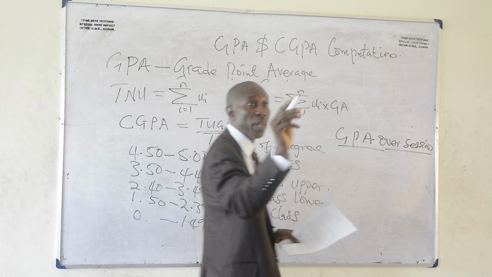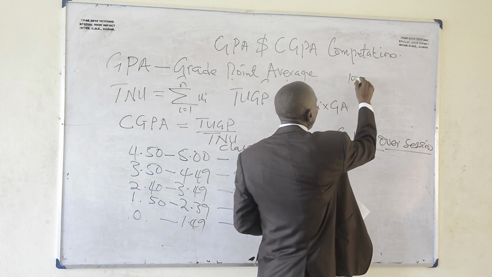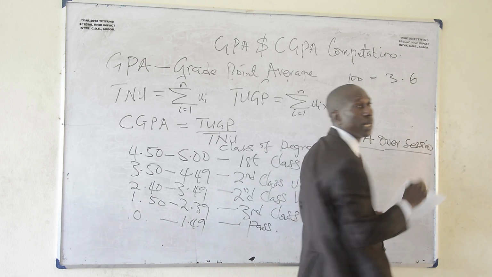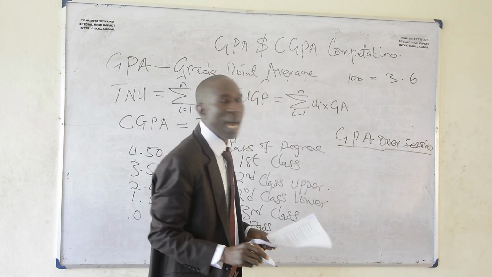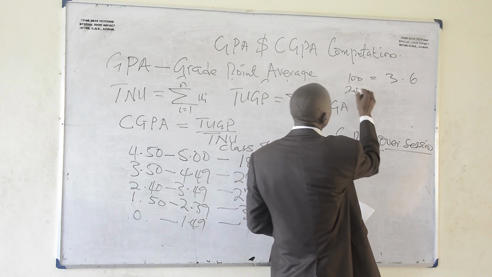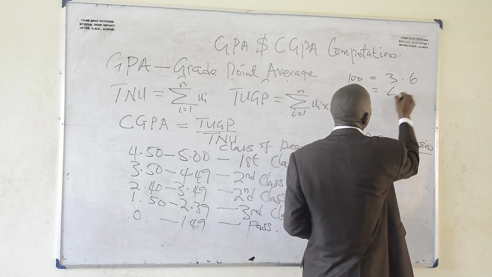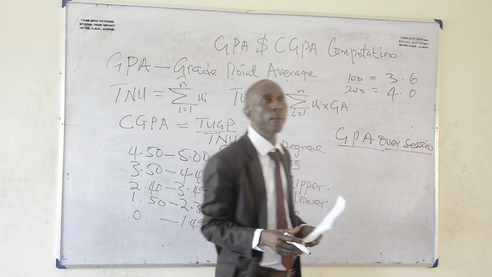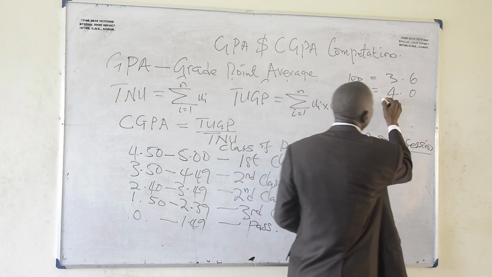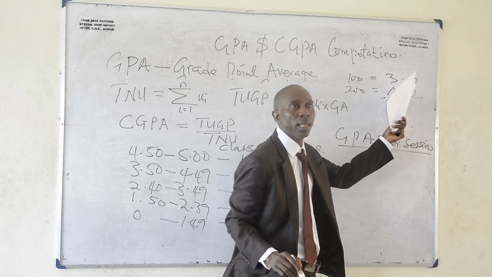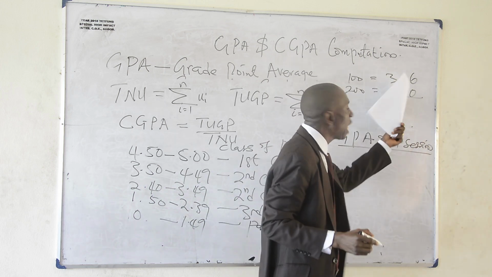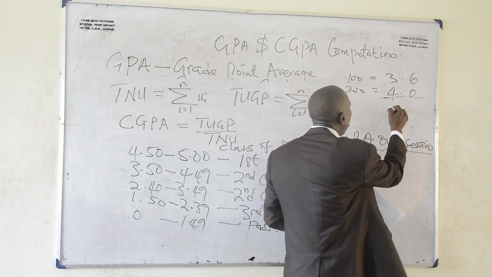Like, you may have your GPA in 100 level of 3.6, and then in your 200 level, you have a GPA of 4.0. We are saying that your CGPA, this is not your CGPA, but rather the summation of this and this divided by 2 will give you your CGPA.